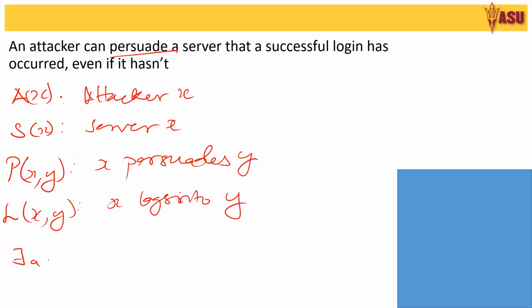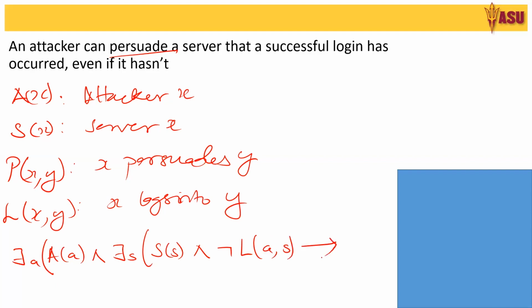There exists an attacker, let's call it A of a, and we have a server, S of s, and there has not been a successful login, that's not of L of a comma s, implies there is a persuasion that has happened on the server.